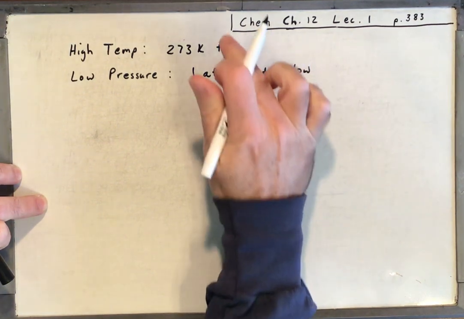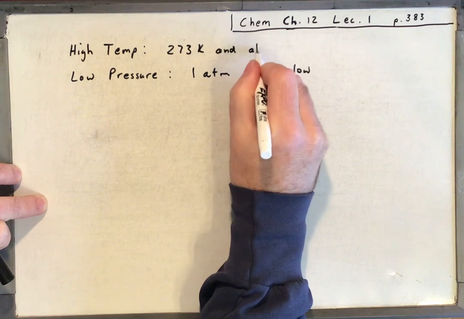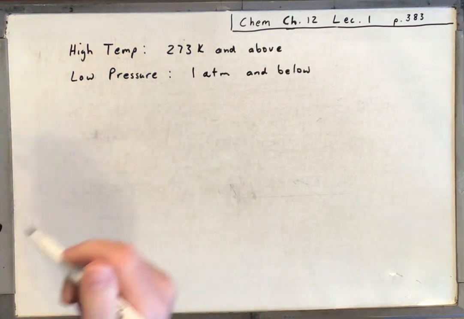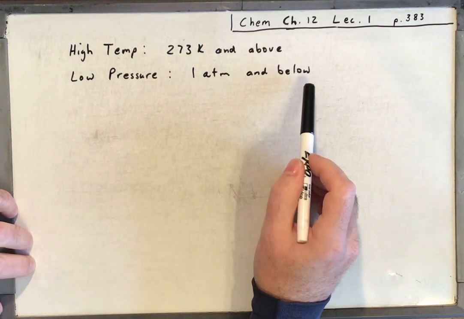So 273 Kelvin and above, that's high temperature, even though that's 0 Celsius, so it's actually cold to human beings. And 1 atmosphere and below.